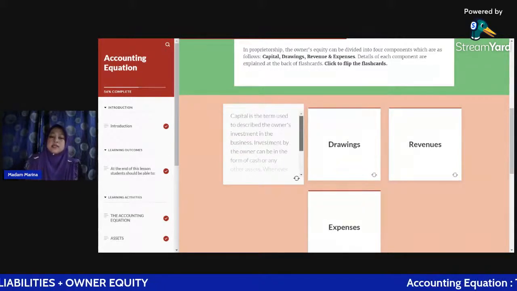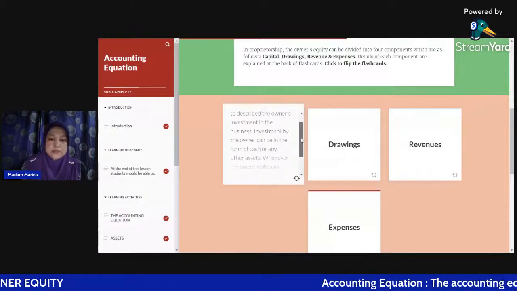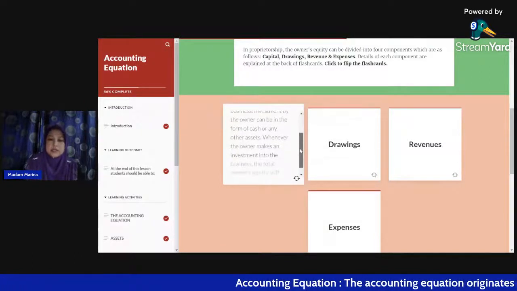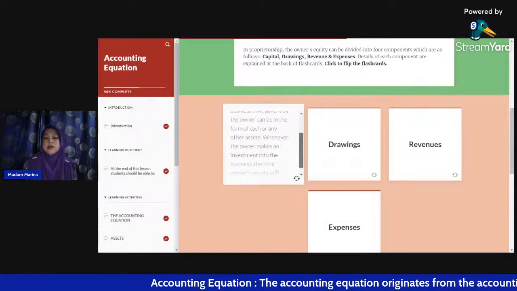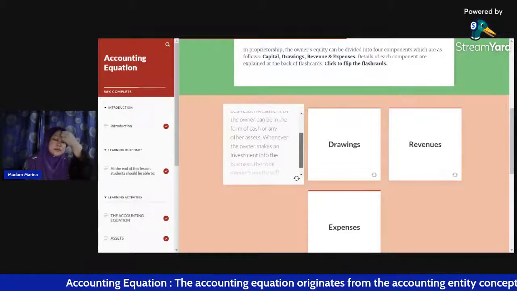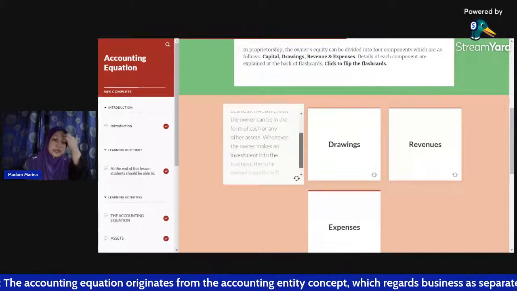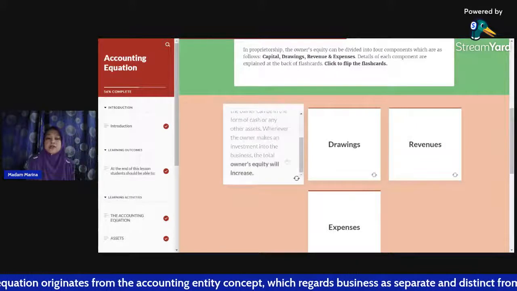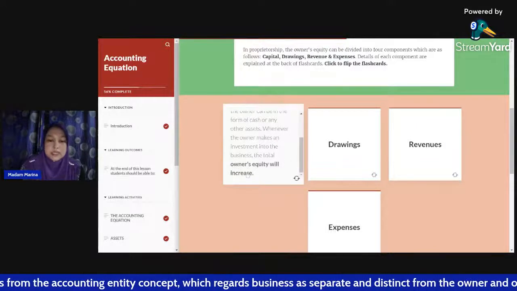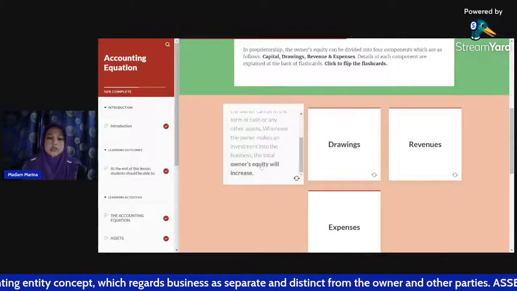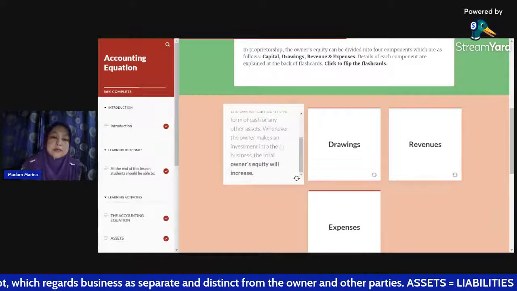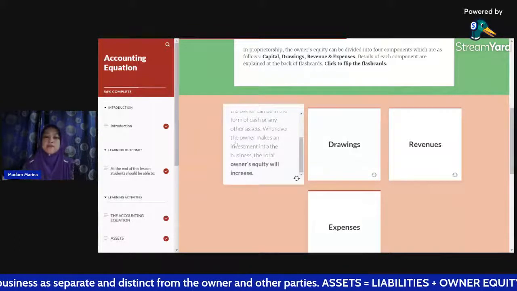Whatever the owner brings into the business, for example cash, bank, or other assets, for example a motor vehicle, computer, or a laptop. So the capital will increase the owner equity.